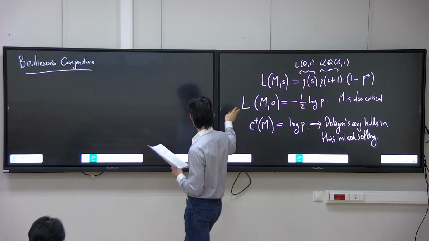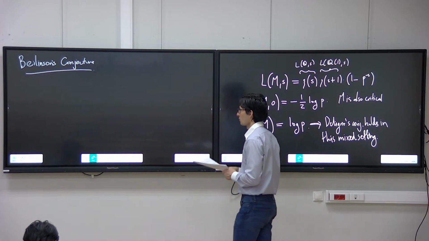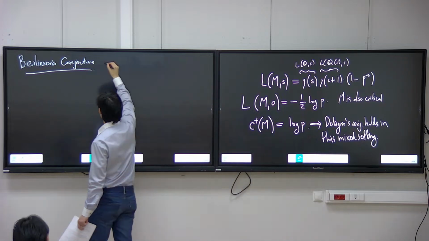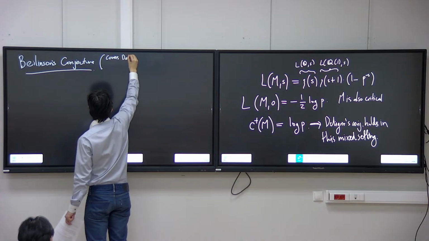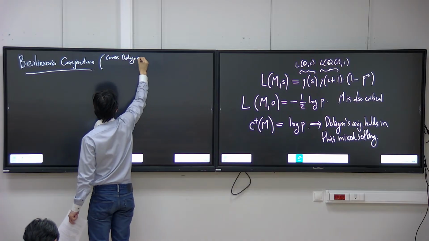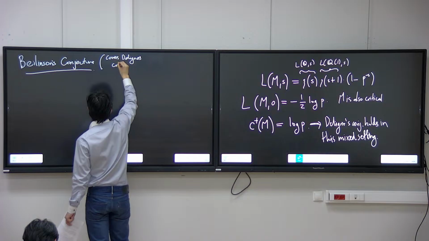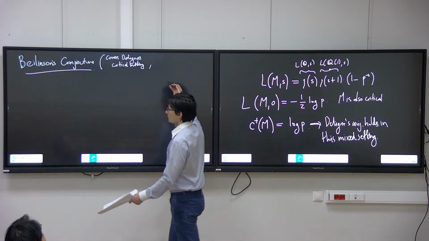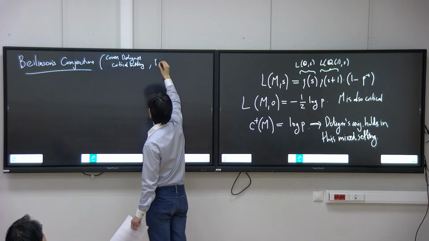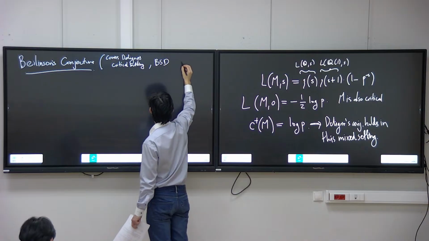But the way it's stated, it also covers Deligne's critical setting. And also, it's a generalization of the BSD conjecture for elliptic curves.